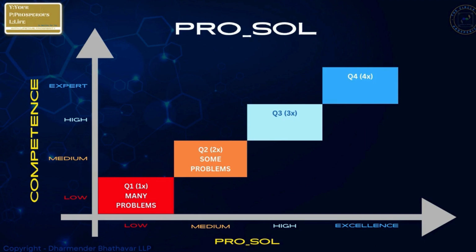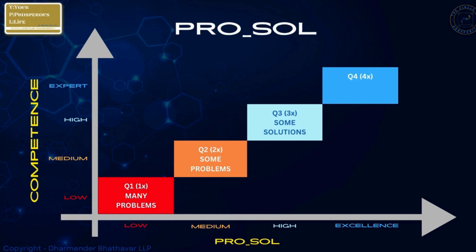Very similarly, let us understand quadrant number 3. If your competency is high and your capability to move yourself from problem to solution is also high, that means you have many solutions and minimal problems.